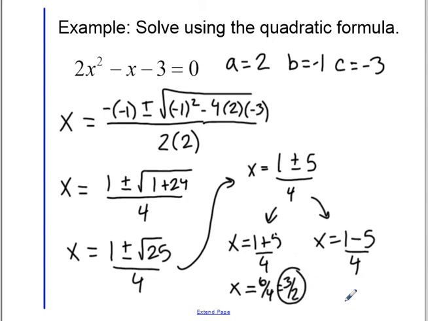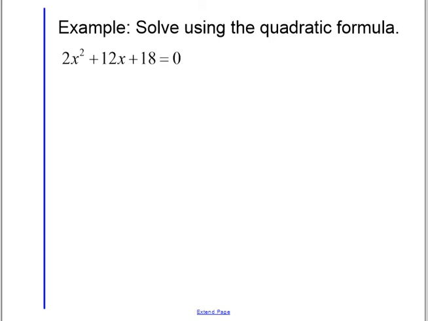So there's one answer. And our other answer is 1 minus 5 is negative 4, divided by 4, which is negative 1. So 2 answers, much like our other problems that we've done, and we usually expect to get 2 answers, 3 over 2 and negative 1.